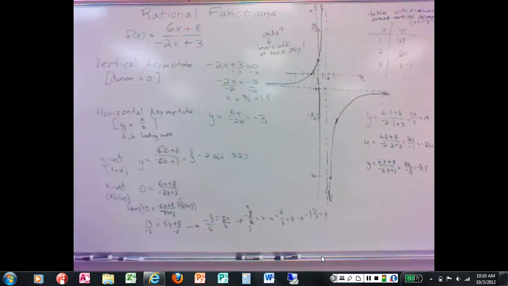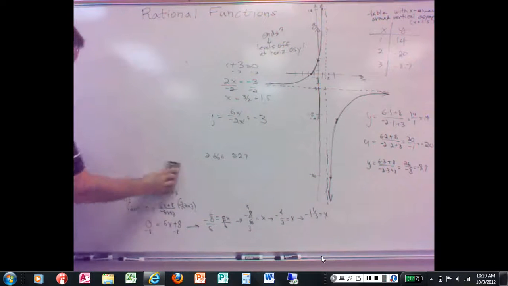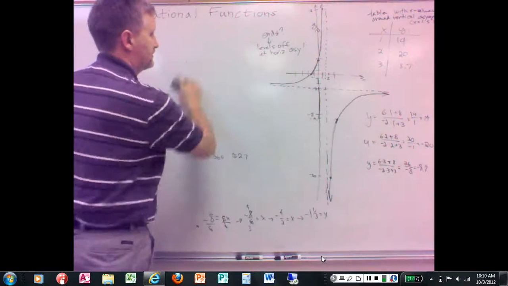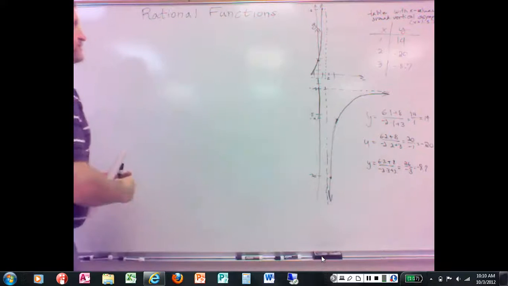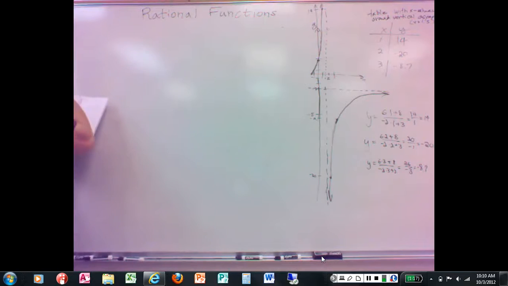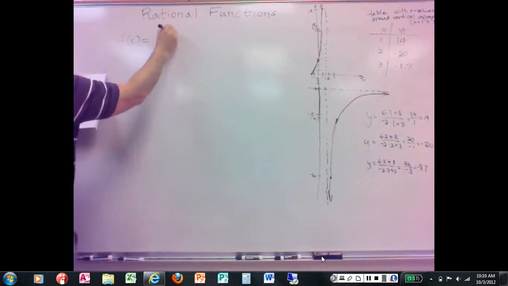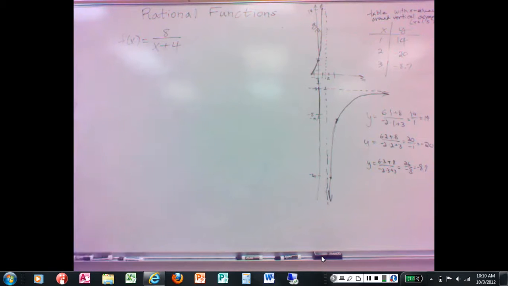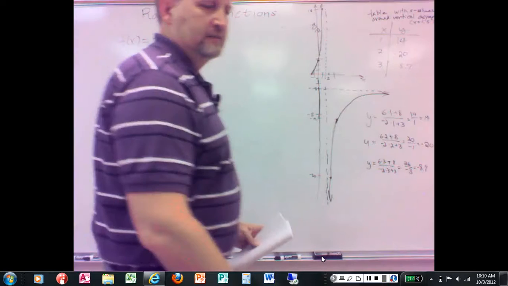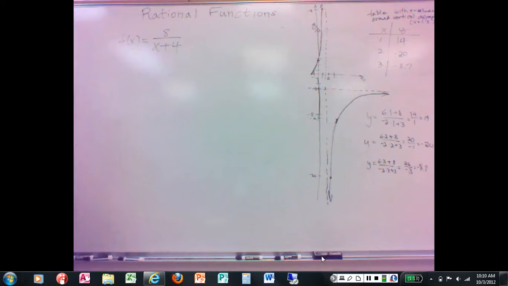These are all about the same here. This one's, though, got a little bit of difference. All right, let's say we've got f of x equals 8 over x plus 4. Okay, so starting with the vertical asymptote again.